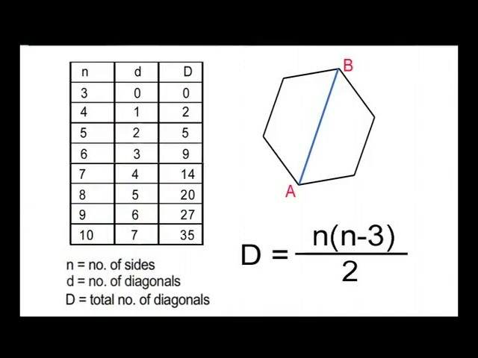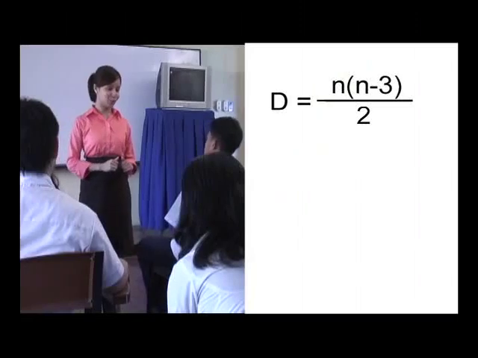This happens for each pair of non-adjacent vertices, which means that we are counting each diagonal 2 times. So the product n times n minus 3 contains twice the actual number of diagonals. And that's why we need to divide the product by 2 to get the correct number of diagonals in column 3. Yes, class, you are right.